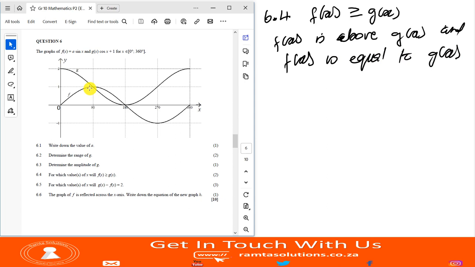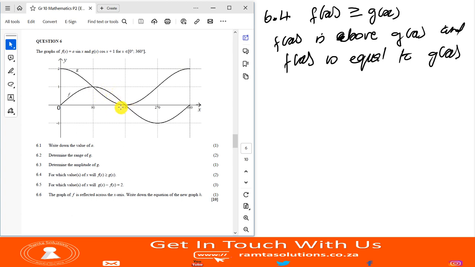Is f of x above g of x to the left of this? It is not, so I'm not going to consider it. But now let's look to the right of it, until what point? To the right of it until 180 degrees. So when x is equal to 90 degrees, yes, and also when x is equal to 180 degrees. When x is greater than 90 degrees as well.